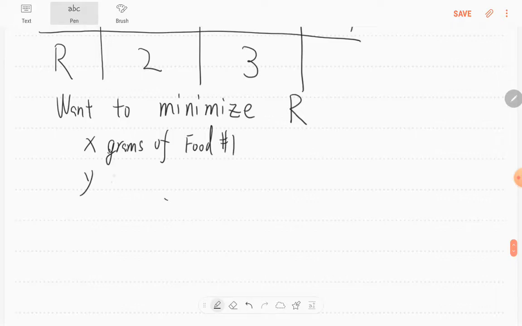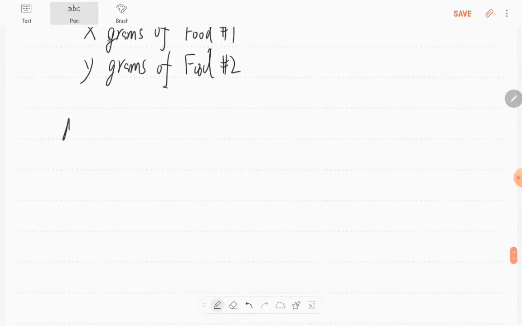We need y grams each day of food number 2.